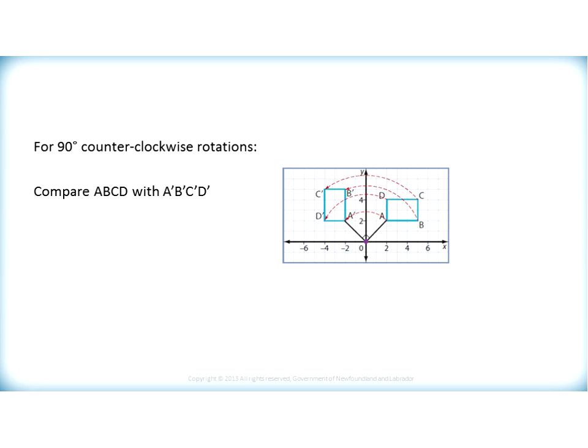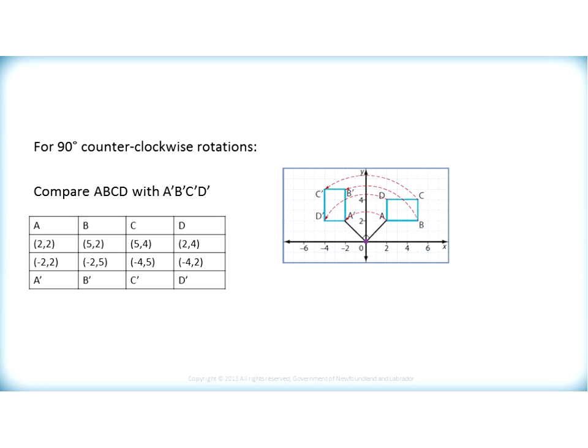For 90 degrees counterclockwise rotations, I'm going to do the same thing. I'm going to compare A, B, C, and D with A prime, B prime, C prime, D prime, which is my new rotated image. Well, here's my table for this one.